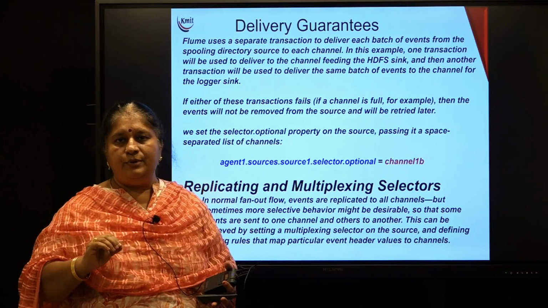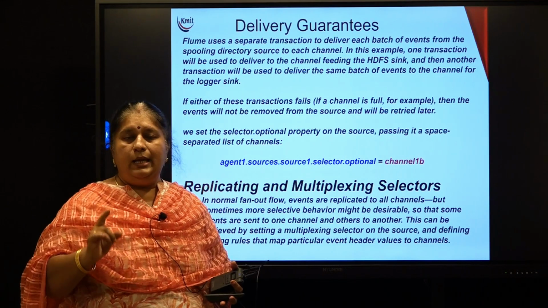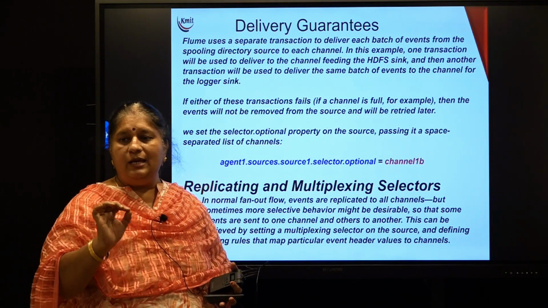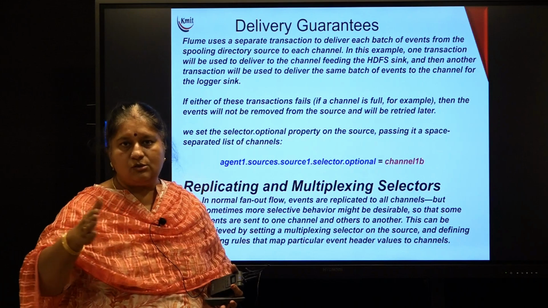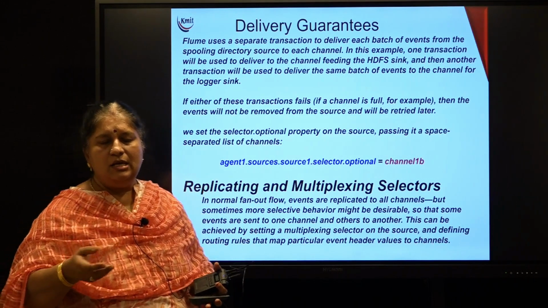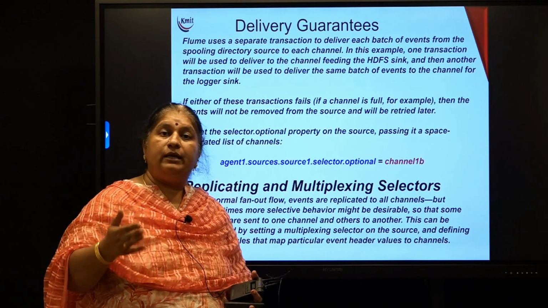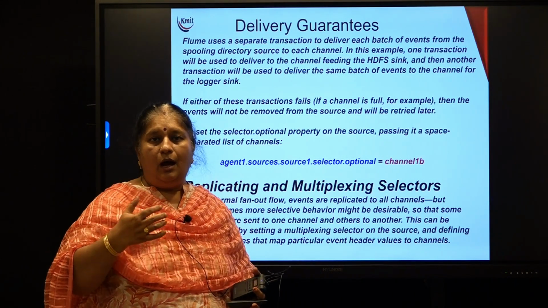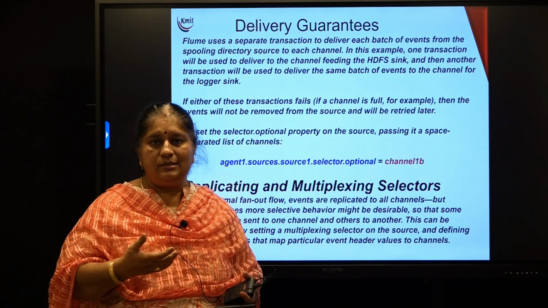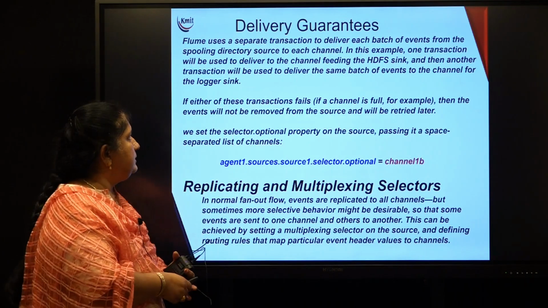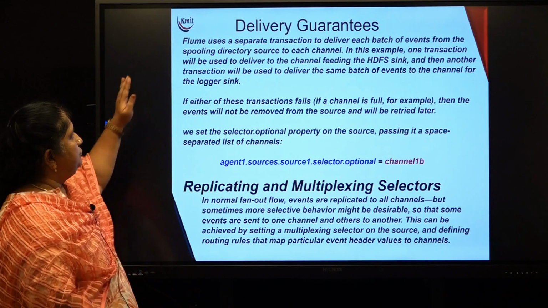Obviously all these components are connected via a network. Again, consider the failure of one of these components; they are not physical devices, but one of the components might fail, or the networking components might fail. How do they ensure the delivery of the particular events? So just go through this.